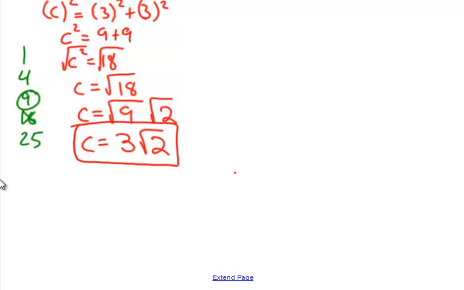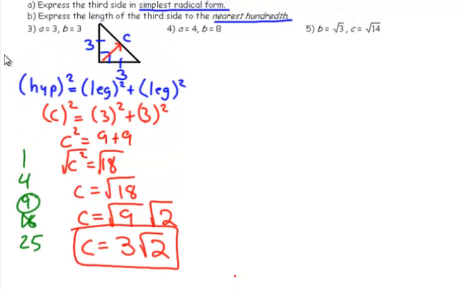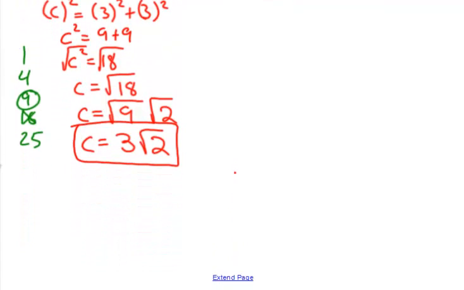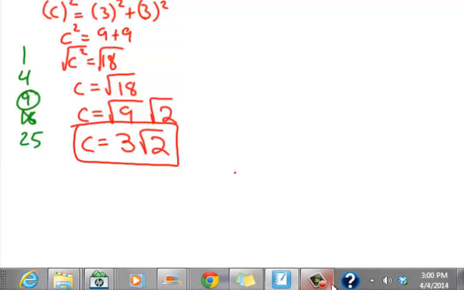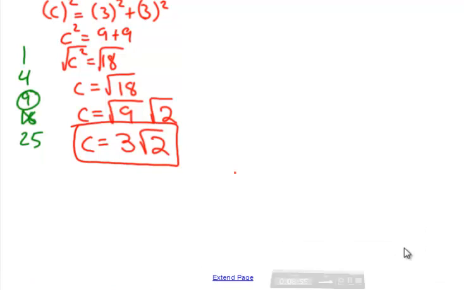Where it said to round to the nearest hundredth, now we're going to put that in our calculator, and I'm just going to push pause to go get myself a calculator. Okay, I'm back with my calculator. It's in my hand. You're not going to see it here, but what I'm doing is entering 3 square root of 2.